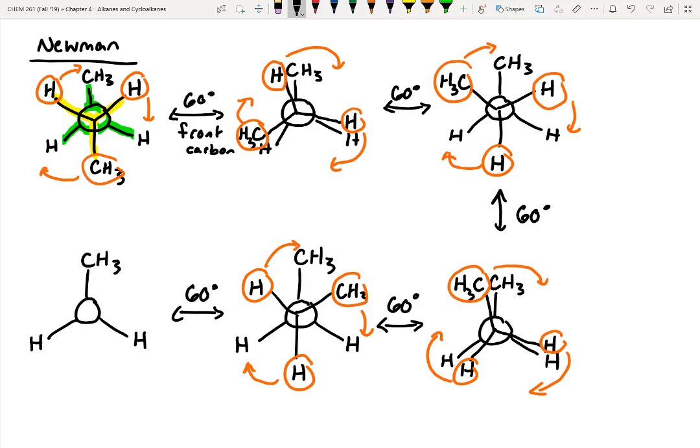We've drawn it the same in all 6 structures, but now we're going to another eclipse conformation. What's going to be next to the methyl group in the back now? A hydrogen. How about over here? In the bottom right, the methyl.